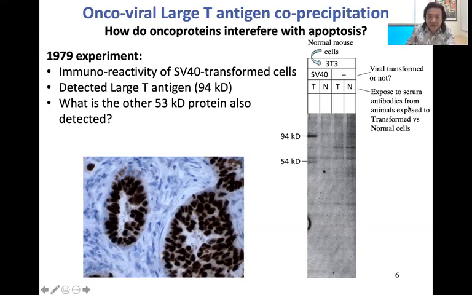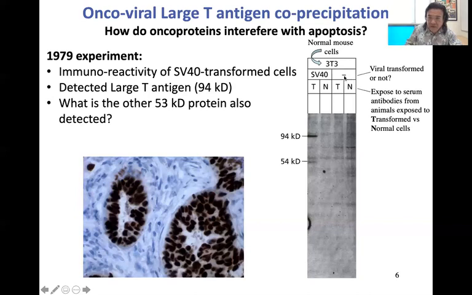So in this experiment, they were looking at the immunoreactivity of SV40 transformed cells. If you look here, they would take totally normal, healthy mouse cells, like mouse fibroblast cells, and some of them they would leave alone as a control group. So this is whether they get transformed or not by the introduction of SV40 virus.